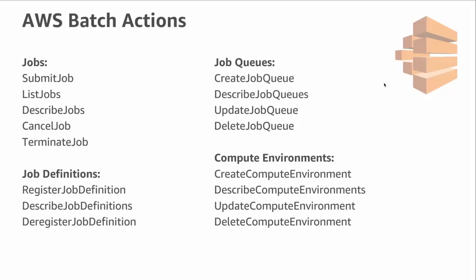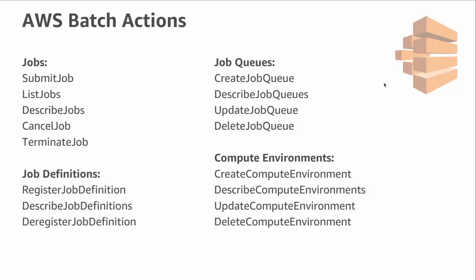There are also lots of actions that you can take on each of these items here. So in terms of jobs, you can submit a job, list, describe, cancel, and terminate a job. In terms of job definitions, register, describe, and deregister. Around your job queues, right? So if you want to understand the existing queuing environment or create a new one, you can create, describe, update, or even delete if you need to.